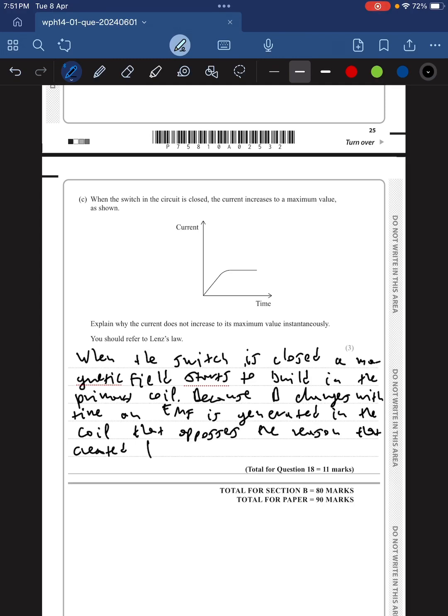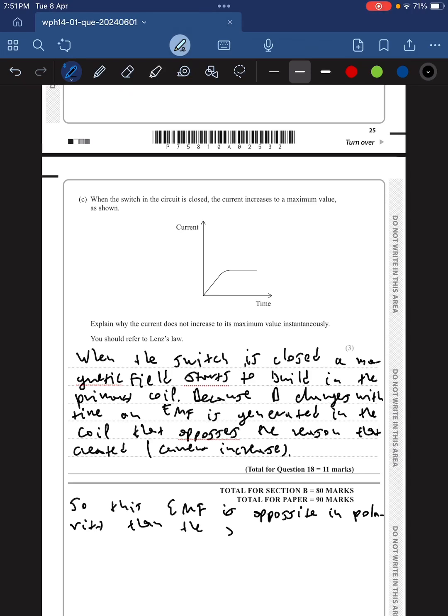The increase in the current. So this EMF is opposite in polarity to the battery. So the current increases slowly.